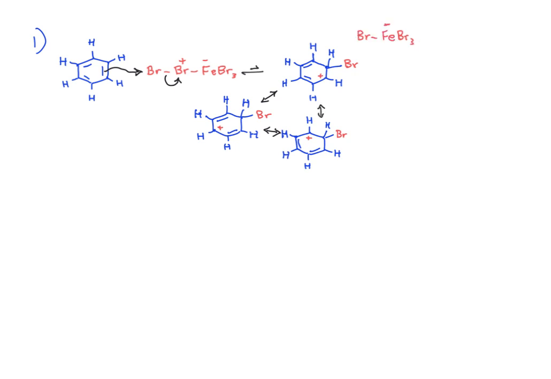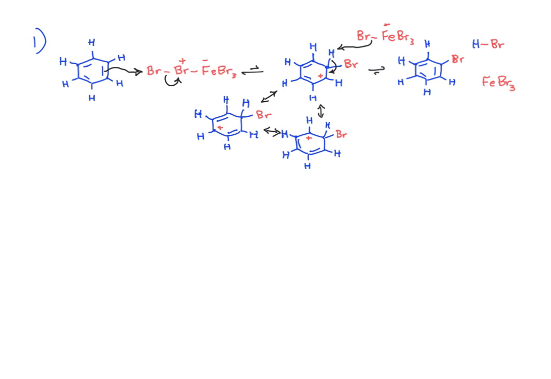The carbocation then forms bromobenzene, losing a proton, and reaction with the iron tetrabromide anion to form hydrogen bromide and regenerating iron tribromide as a catalyst.